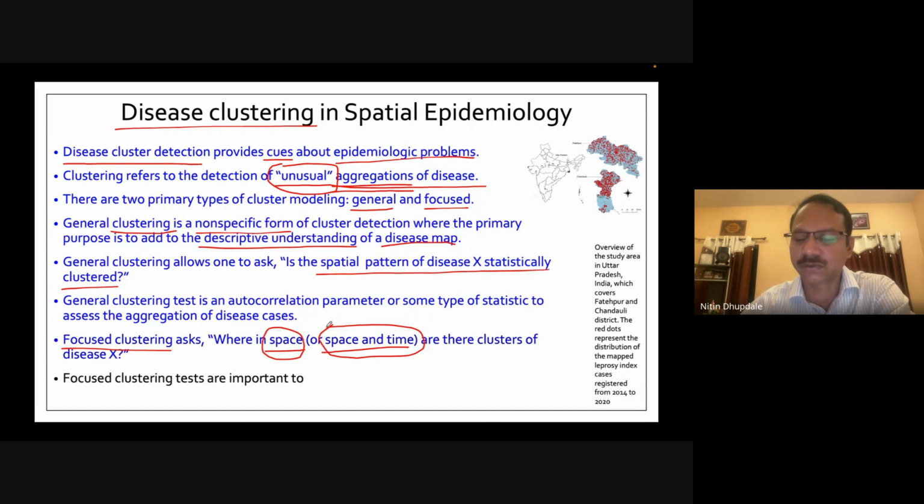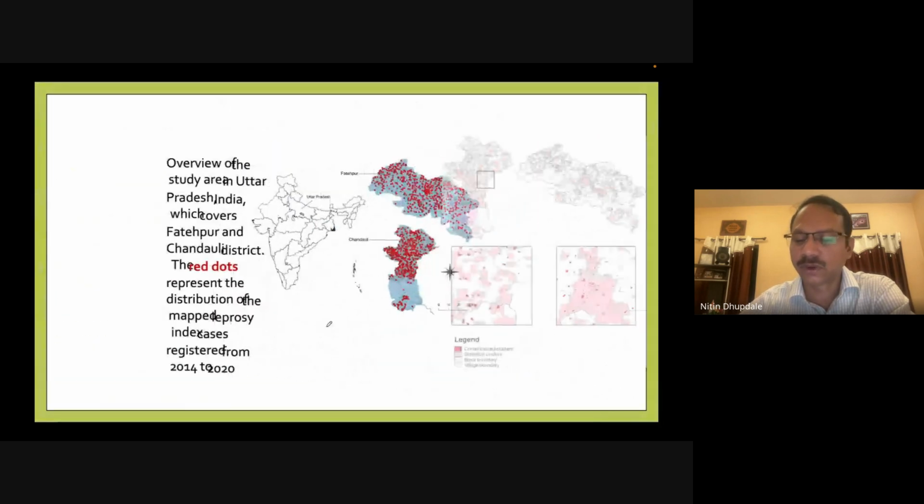So there are two types of clustering. It gives us a clue to help us understand and define the location for study in future, and also there could be some environmental risk factors involved, because of which there is a clustering happening.